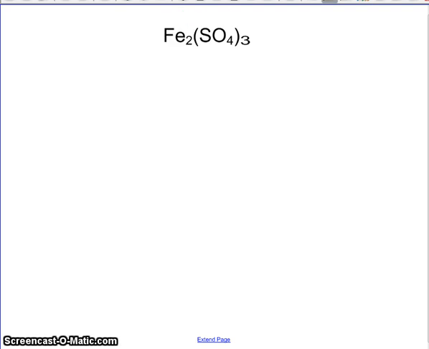This one is going to be a little bit more difficult because, number 1, it's got more than 2 atoms. We have Fe, S, and O, which means I do have a polyatomic ion. I also know that Fe is a transition metal. And remember, for transition metals, you have to tell the charge. But I'll get to that in a second. So I know Fe is iron.